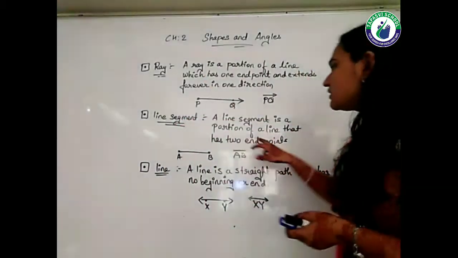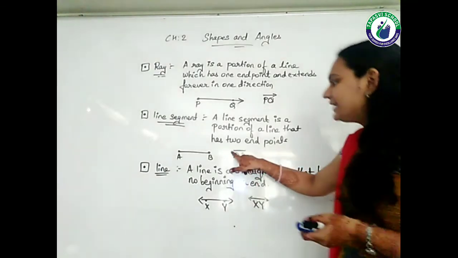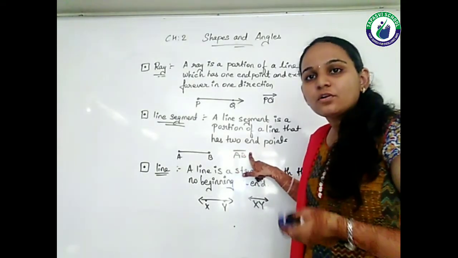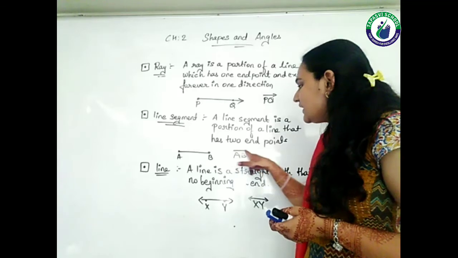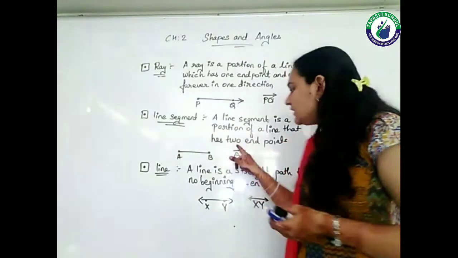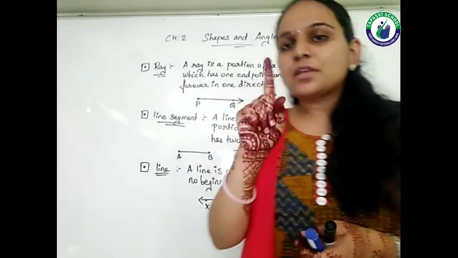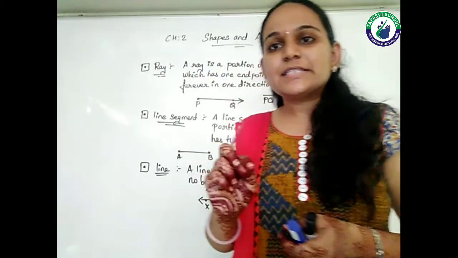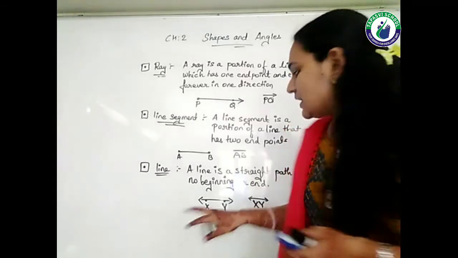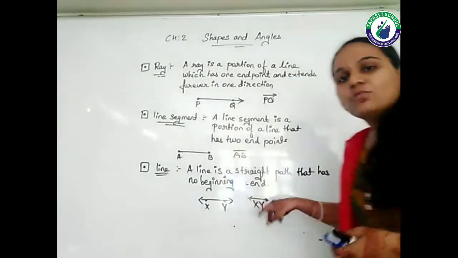In the symbol of a line segment, I didn't draw any arrow, which means the starting and ending points are both fixed. That's why it never carries an arrow sign. In a ray we have only one arrow, in a line segment we have no arrows, and the symbol of a line has arrows on both sides.